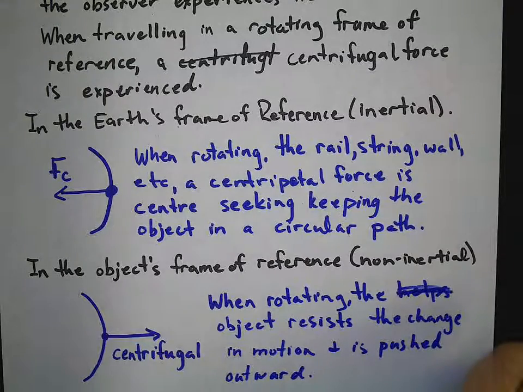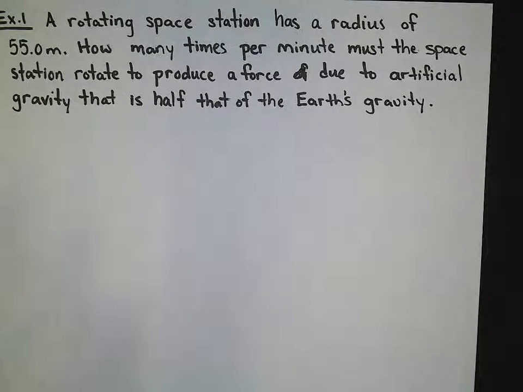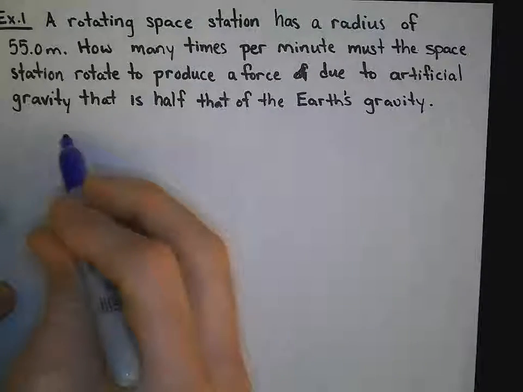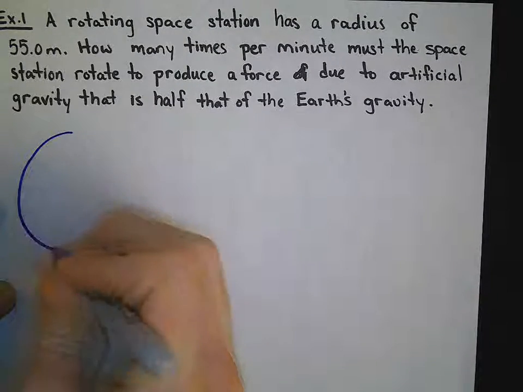So what happens if, for example, we are on a rotating space station that has a radius of 55 meters? How many times per minute does this space station need to rotate to produce a force that is about half of the Earth's gravity? So a rotating circular space station.